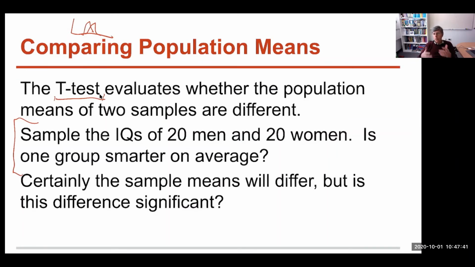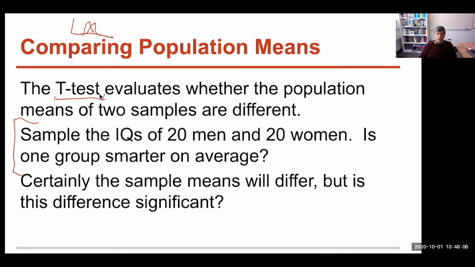Well, the people in this class probably have IQs that range over a 20 or 30 point scale, from max to min. Odds of them being the same, low. If I had 20 of them, is the likelihood that the average is going to be exactly the same? Low, okay?